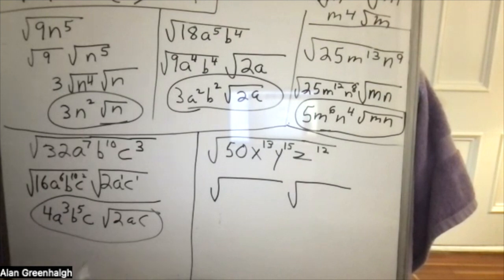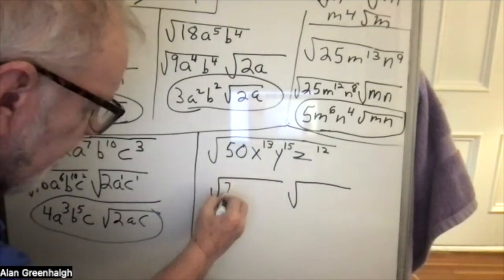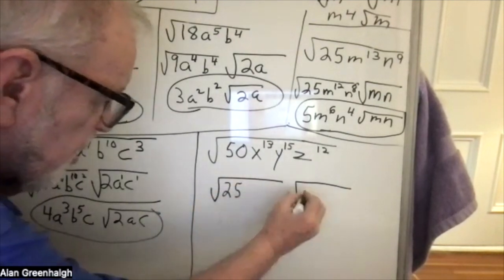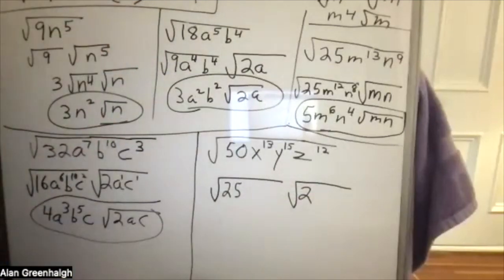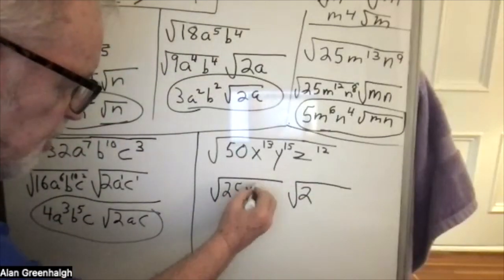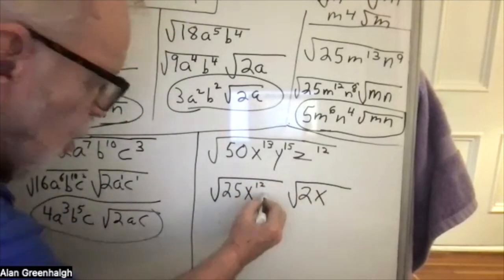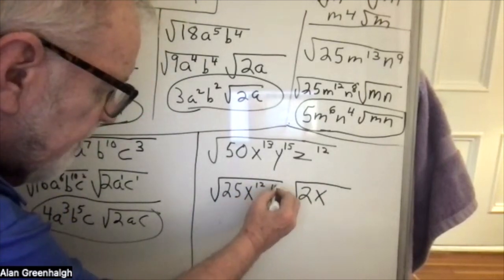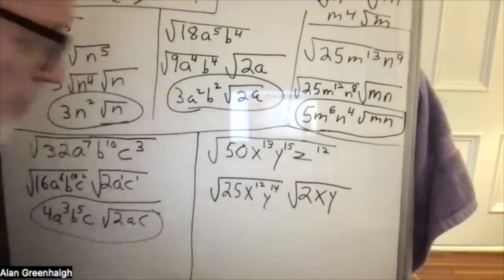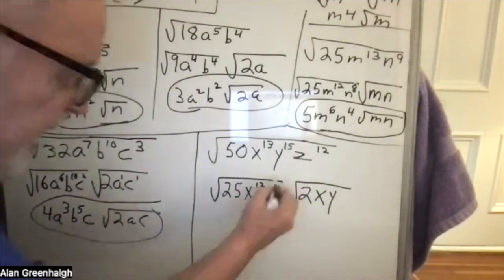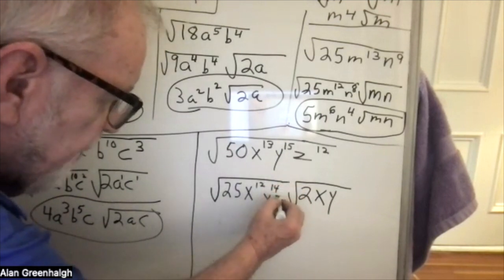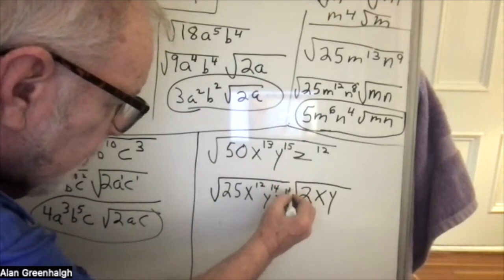So we're separating this into two parts. 25 times 2. X to the 12th times x. Y to the 14th times y. And z to the 12th is already a perfect square.